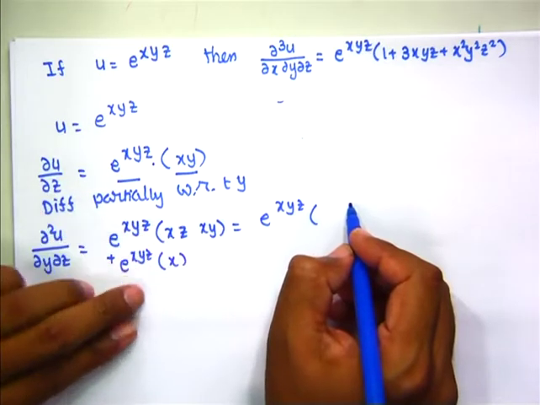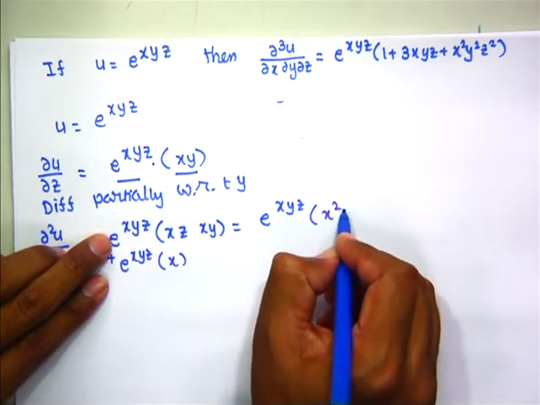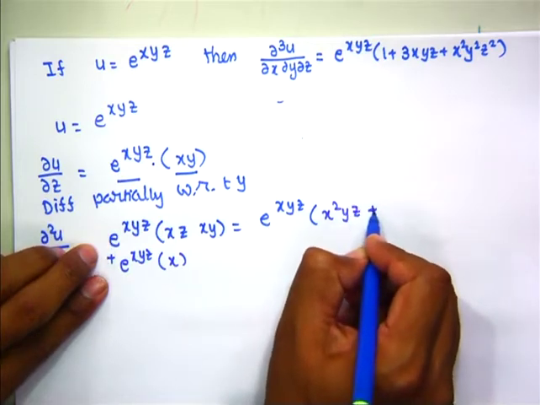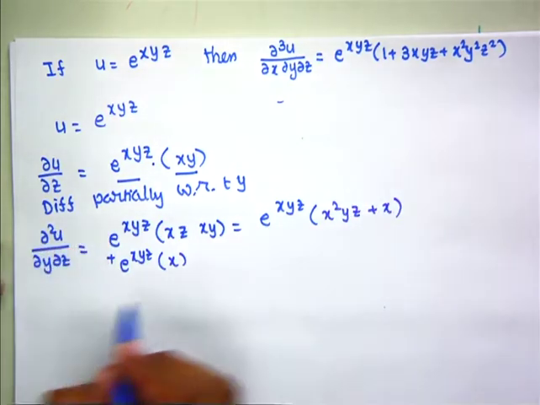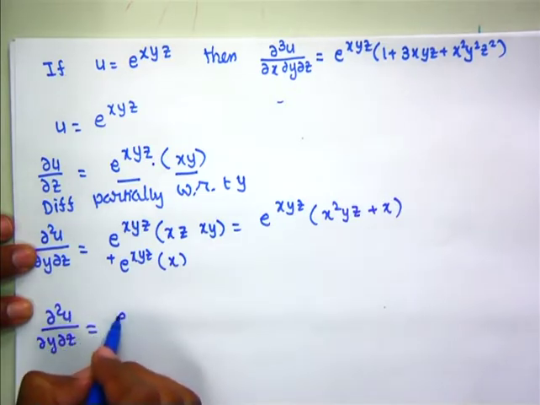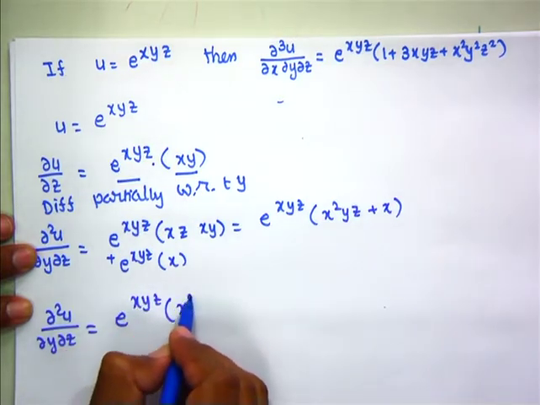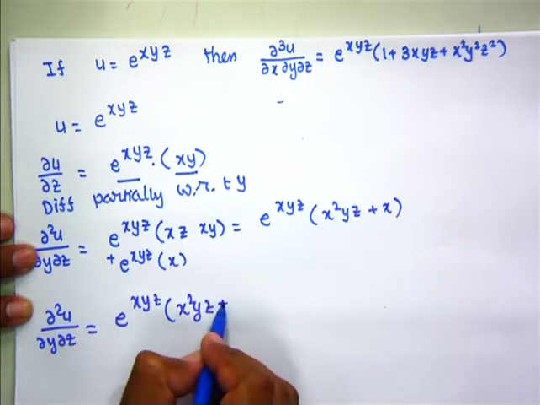So we get the simplification e to the power x y z into x square y z plus x. So this is our second order partial derivative, del square u by del y del z.